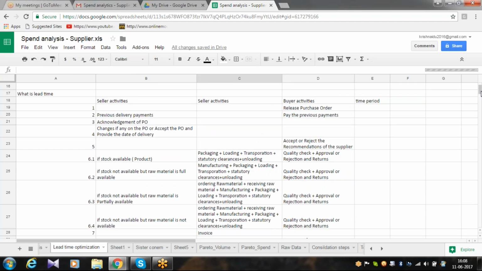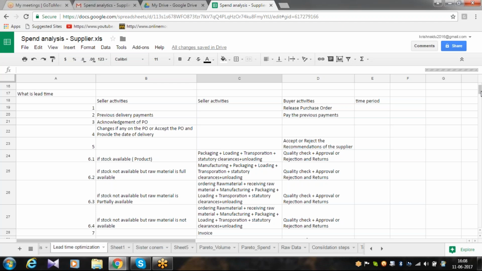So the purpose of drawing this entire activity is we need to understand what lead time is. Lead time is a time duration between the beginning of an activity to the end of an activity.